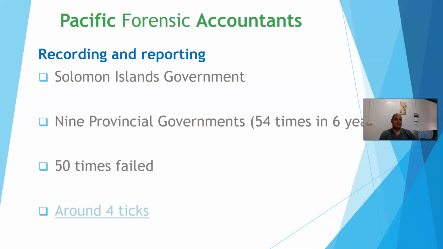So these are the kind of challenges facing all 9 provinces, but not only the 9 provinces, as I said, almost all organizations. Even the University of the South Pacific is also affected by it. They don't have any proper fixed asset register.